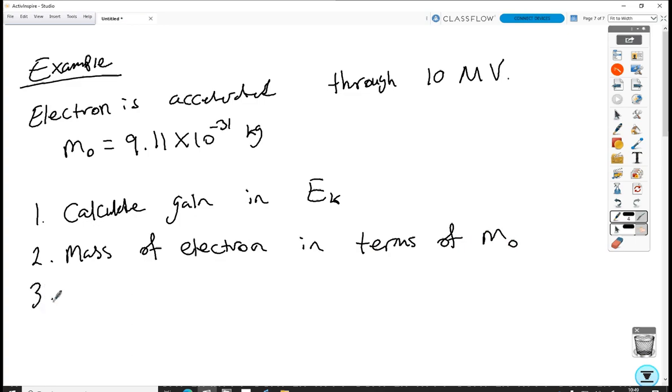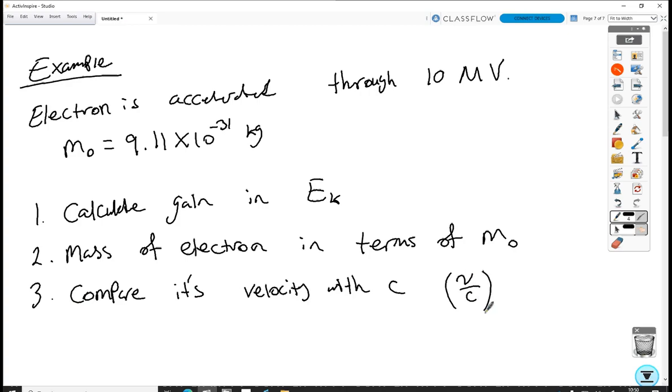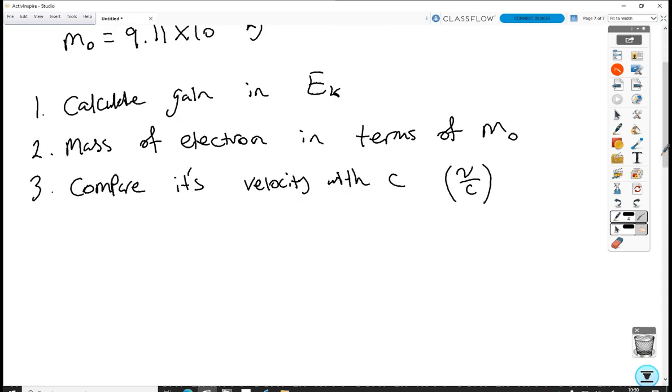And number three, we're going to compare its velocity with c, which basically means find v over c. So let's do the first one.